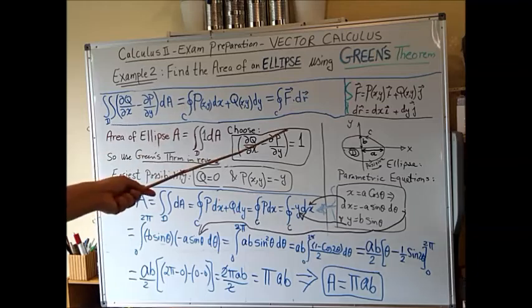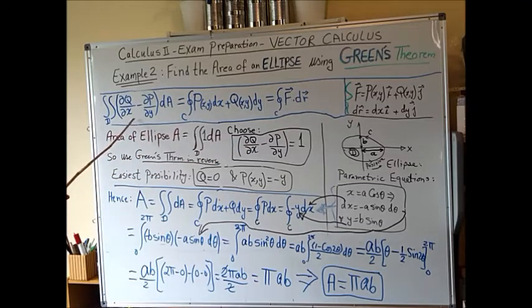Now in reverse, so that we can find the area. If we look at this, there is dA in the double integral. There is a special case when everything inside the brackets equals 1, and we get the double integral of 1 dA.